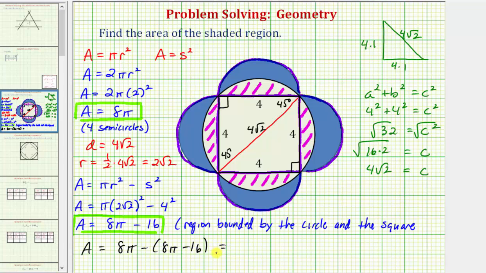So to help simplify here, if we want, we can think of distributing a negative 1 because of the subtraction. So we'd have 8 pi, and then minus 8 pi, and then plus 16. Notice how 8 pi minus 8 pi is 0. So the area of the shaded region, or the region in blue, is exactly 16 square units. I hope you found this helpful.